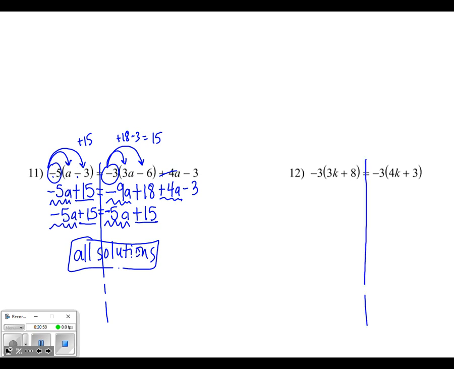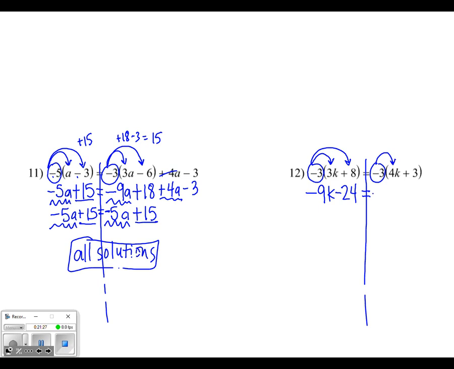Okay, last one. Again, I get to distribute two different things, both -3s. -3 times 3k. Negative times positive is negative. 3 times 3k is 9k. Then I have -3 times positive 8. Negative times positive is negative. 3 times 8 is 24. Over here. -3 times 4k.